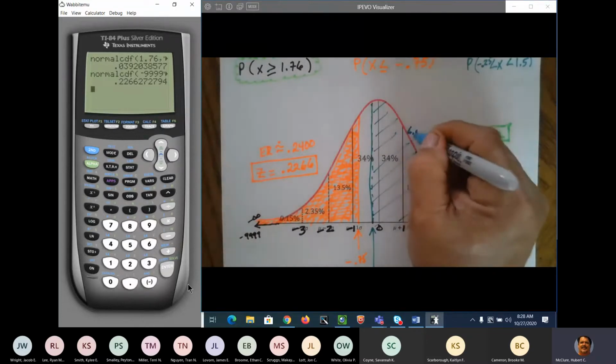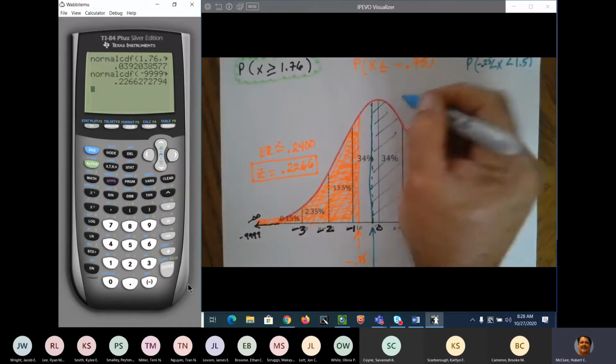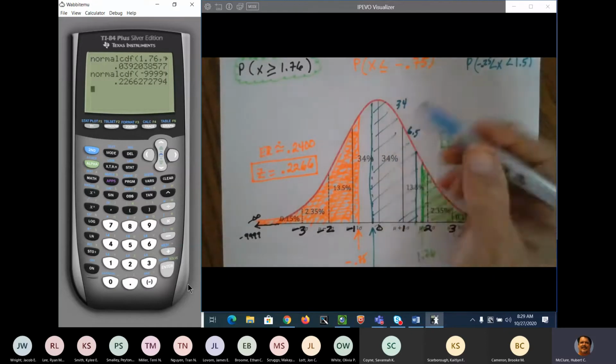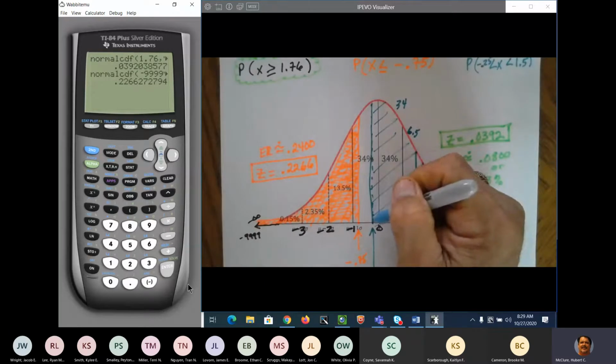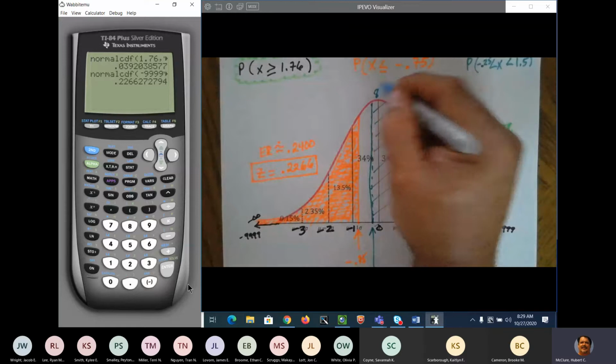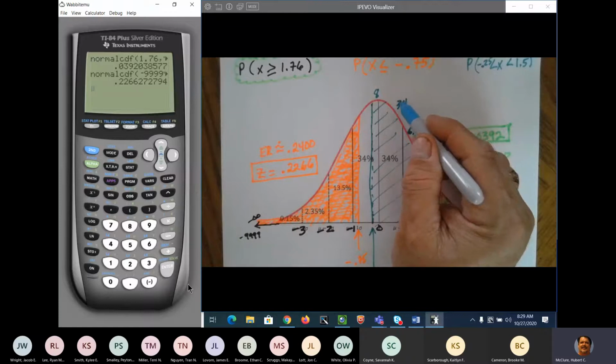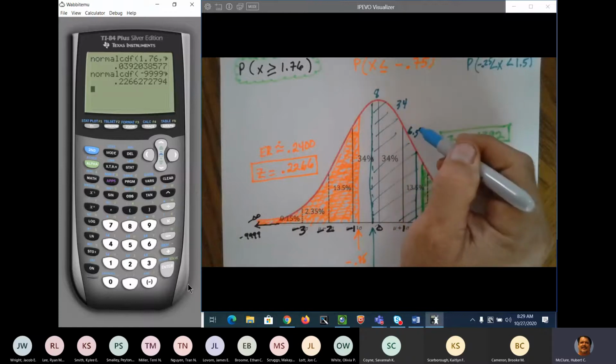So this is 6.5% and 34%. And this is a fourth of, so a fourth of 30 would be 8. So 8 and 34 is 42. And 42, 48.5.